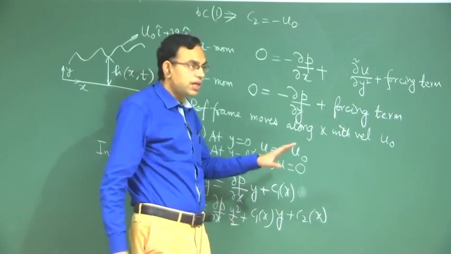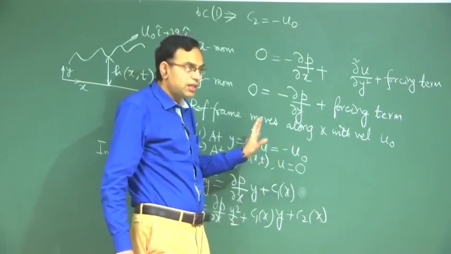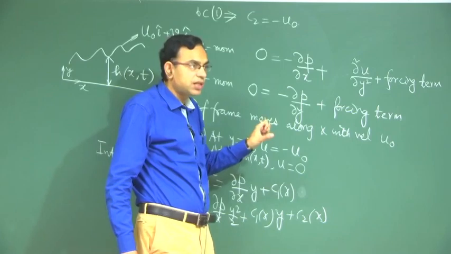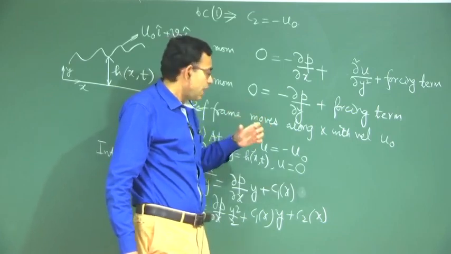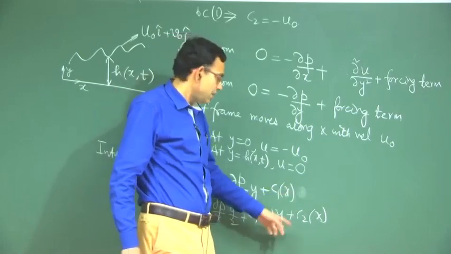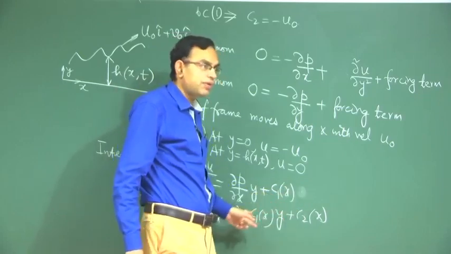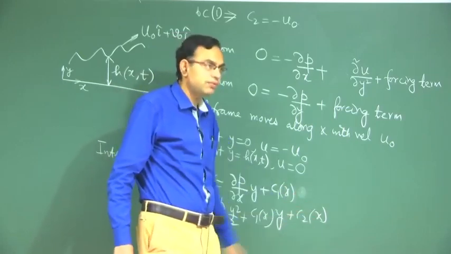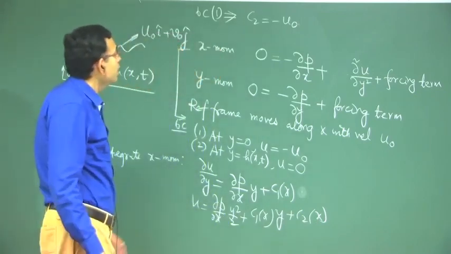But you see this is a formulation where you have a provision of accommodating a velocity which is a function of x, right. Had u0 itself been a function of x, this could be a function of x, right.